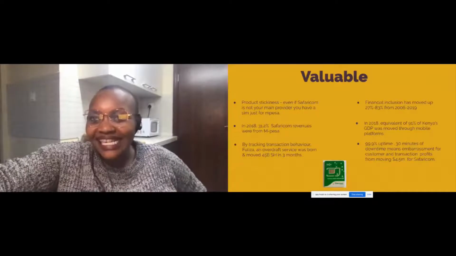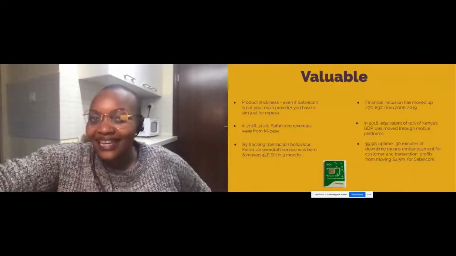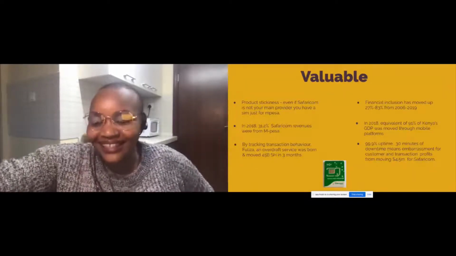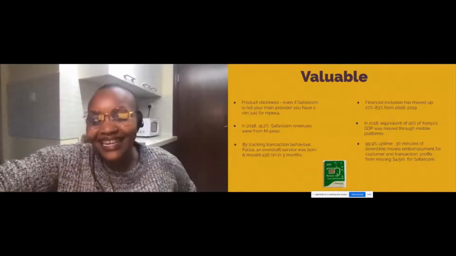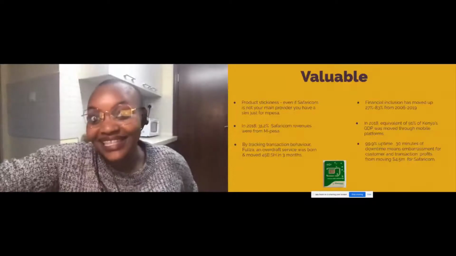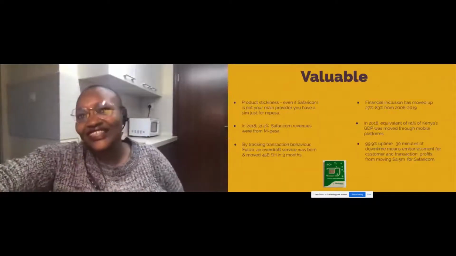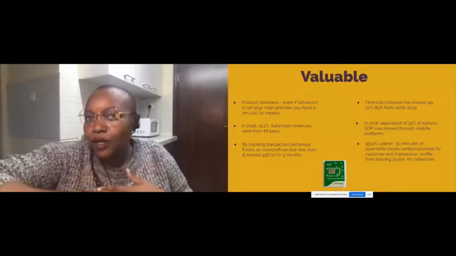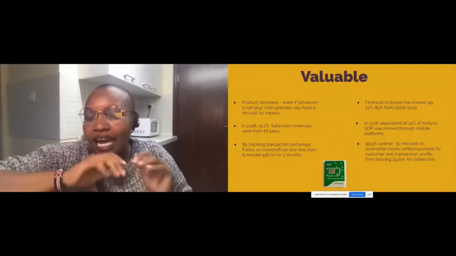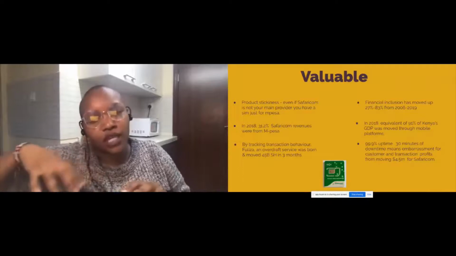So here I had an example. If we have 30 minutes of downtime, it means if I am in a restaurant with someone on a date and I'm about to make my payment and I didn't carry any cards or bank, just my phone, and M-Pesa is down, I'll get very embarrassed because I'm not going to be able to make payments.